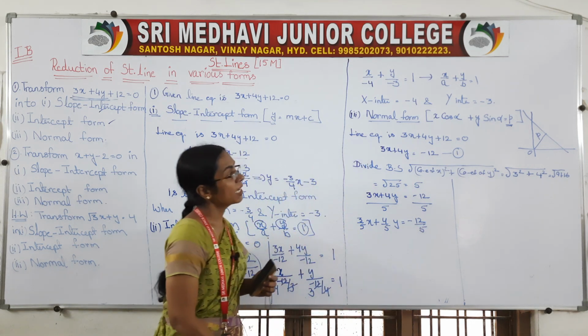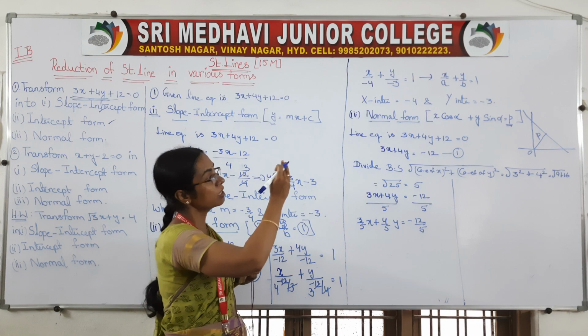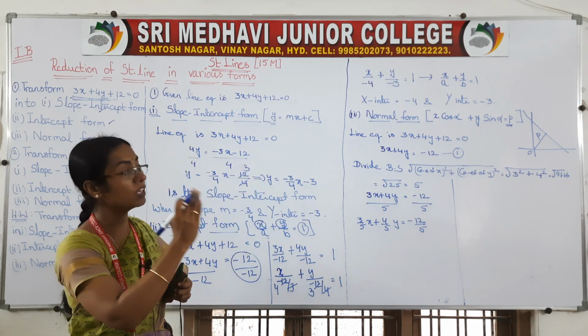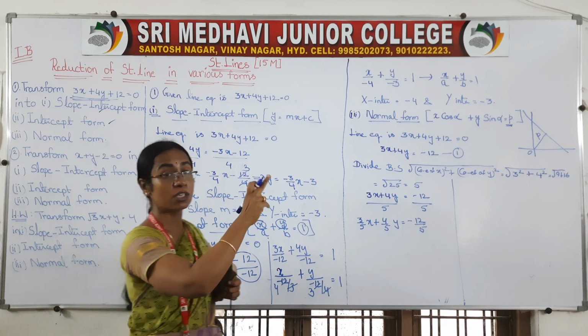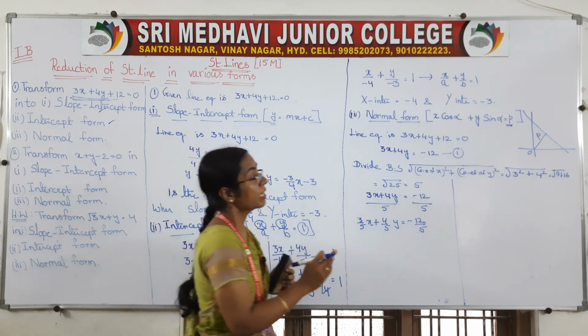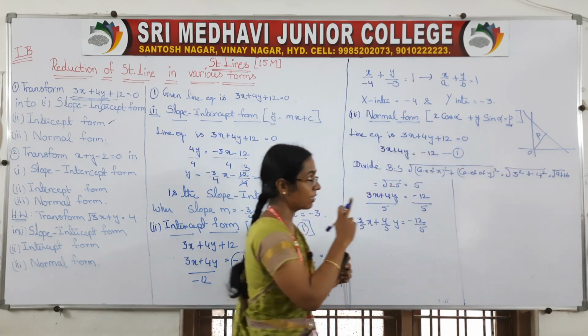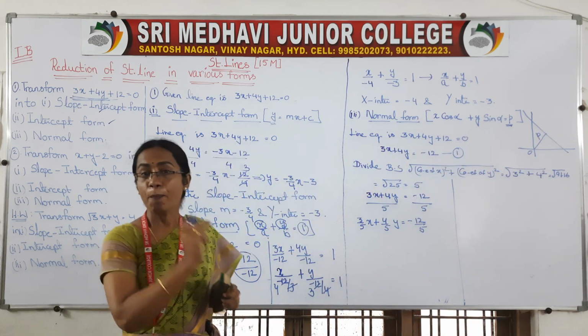What I said, normal form: x into some constant plus y into some constant is equal to p, but that p should be positive. Why? It is the distance from the origin to that line. That value must be positive.